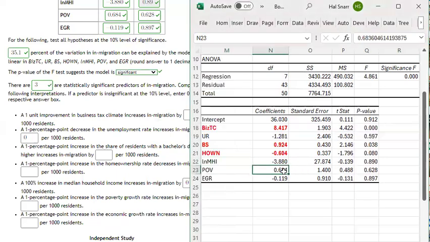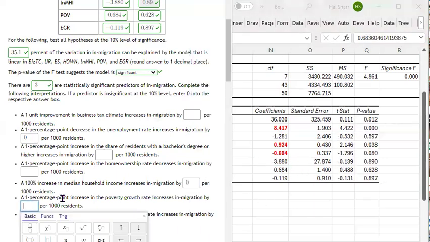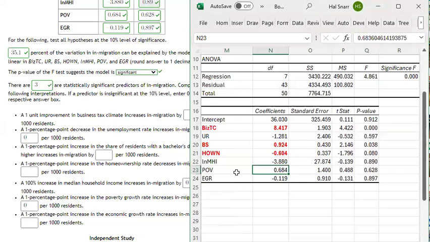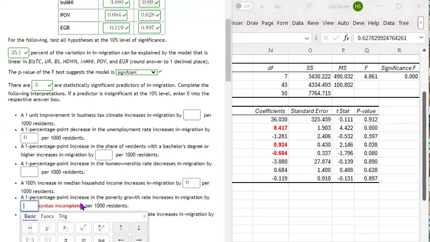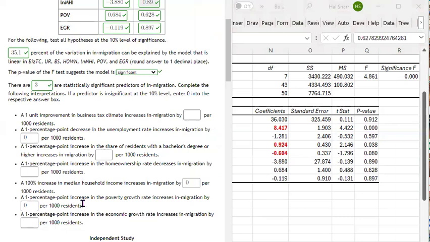And then the poverty rate, we're going to say 0, because this was insignificant at the 10% level. And the final one is the economic growth rate. We're going to say that is 0. Okay, so we're going to check all those. Our insignificant ones, we made the effect 0.